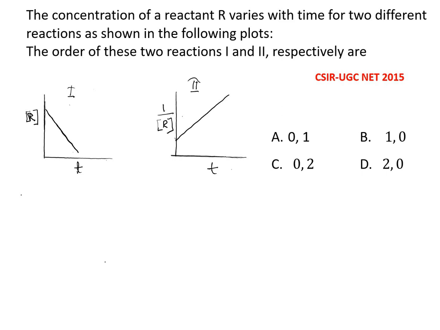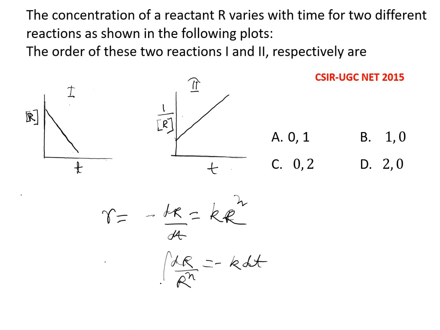if you want to get the answer directly, then you have to start with rate equal to minus dR/dt, of course R is the concentration, capital R, and that should be equal to some k C to the power n. Okay. So if you integrate, dR by R to the power n equal to minus k dt.